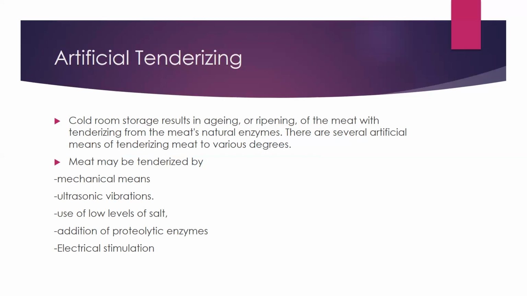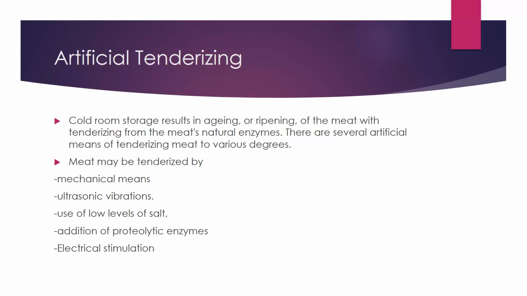Phosphate salts can also be used, and they are more effective than common table salt in tenderization of the meat. And next is the addition of proteolytic enzymes. Proteolytic enzymes can be added to the meat, such as bromelain from pineapple, ficin from figs, papain from papaya, etc., which can be used for tenderizing.